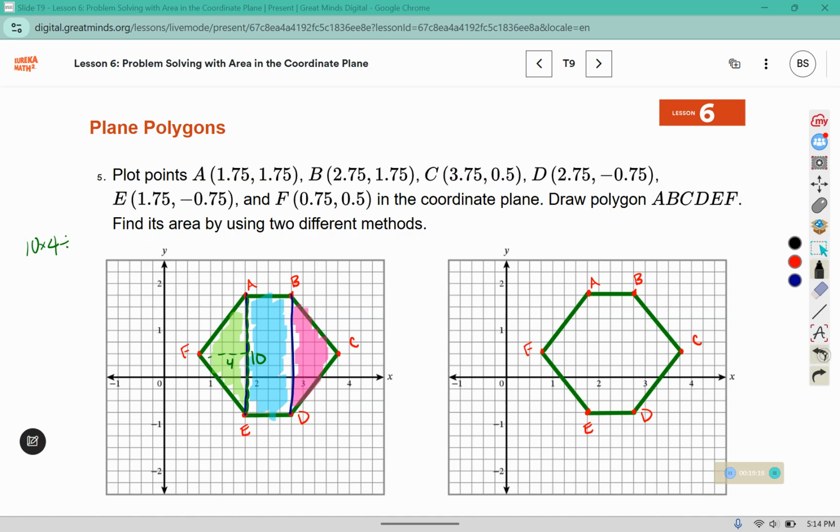Instead of 10 tall, we have 3/4, a whole, 2 wholes, 2 1/2. By 1. This is 2 1/2 tall.